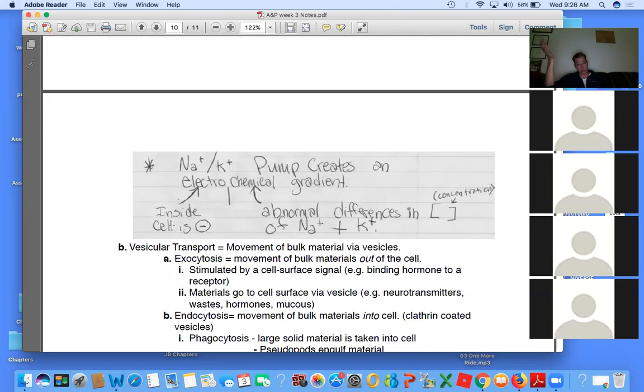All of that is a result of the sodium-potassium pump, ladies and gentlemen. It's not just something to memorize. You've got to think of it as happening constantly in all of your cells, where you're making sodium outside, potassium inside, and the result is an electrochemical gradient that drives all these other activities, like you closing your hands.